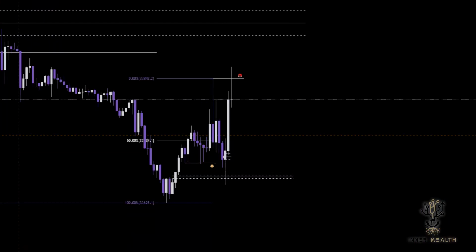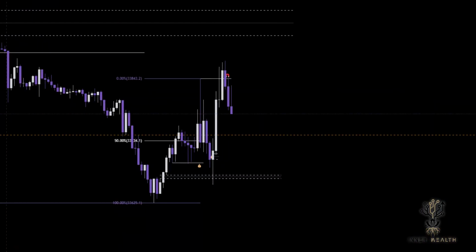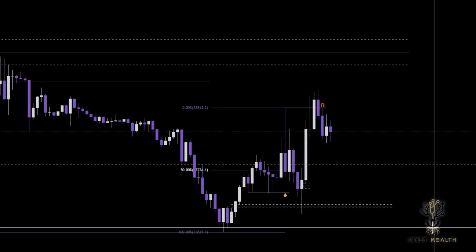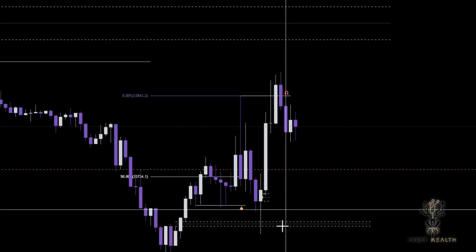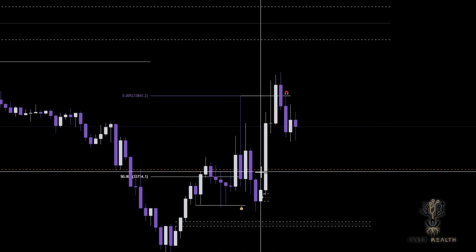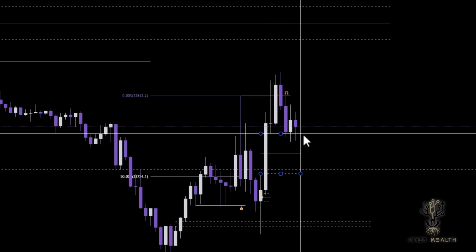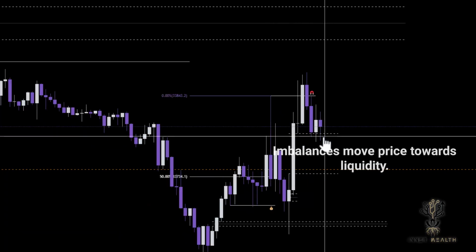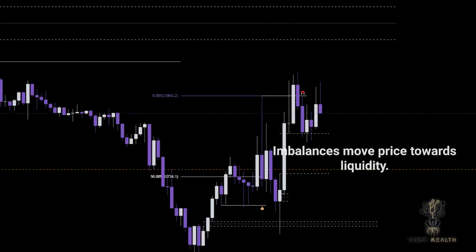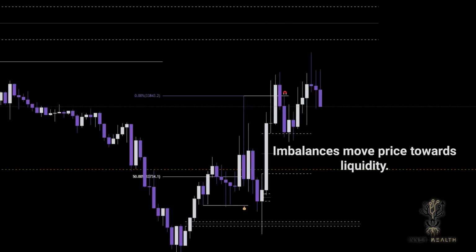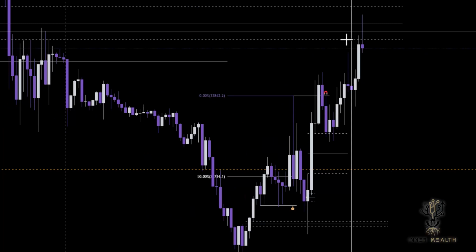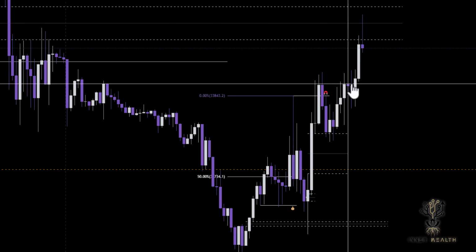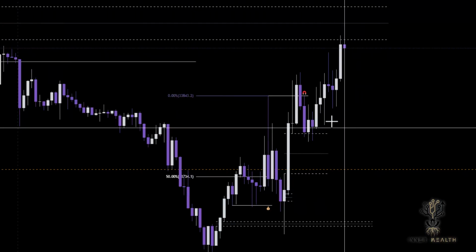So we entered from down here. And if you allow price action to do what it wants to do, we mark out another imbalance here. What do you think price action is going to do? And we revisit that imbalance in premium, right?